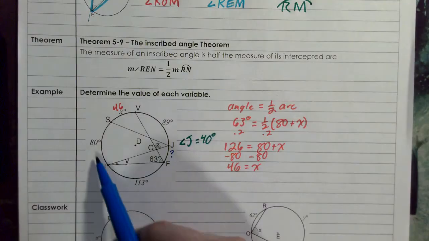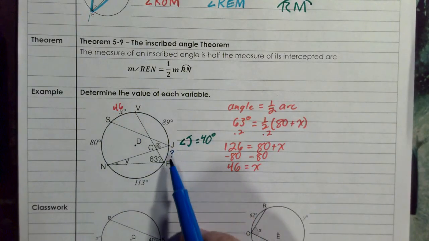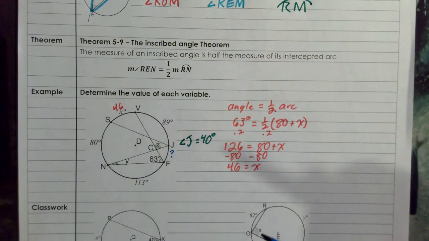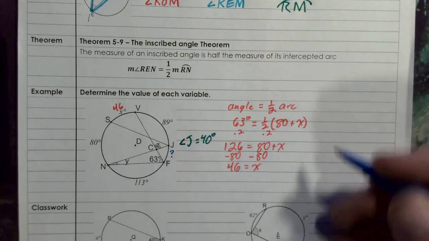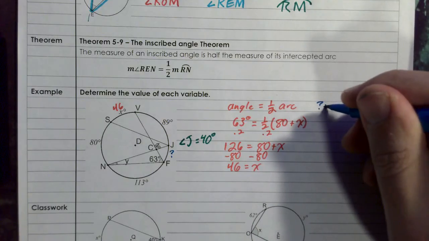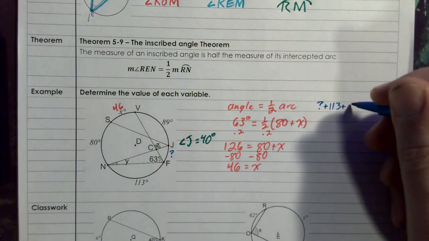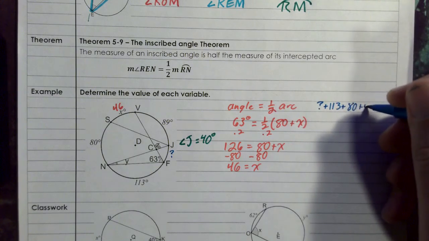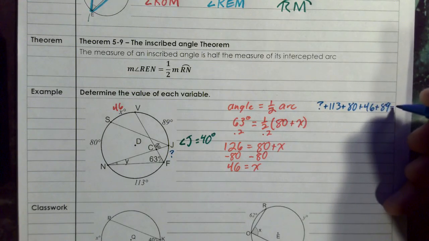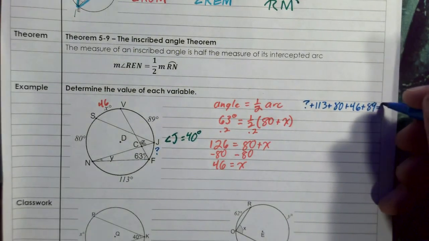Look, I've got all of these angles going around the outside except for this angle right here. And there's got to be 360 degrees in a circle, so I could use that to find my missing question mark. I could say that question mark plus 113 plus 80 plus 46 plus 89, that's got to equal 360.